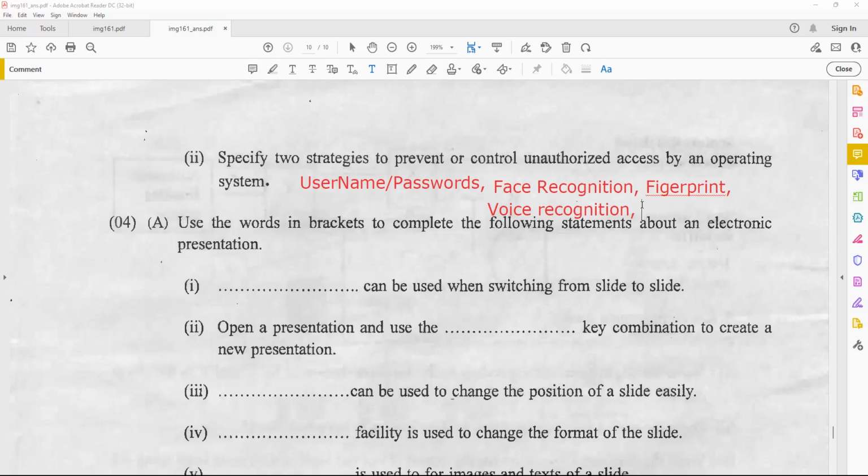The term encryption means nobody can read your data. So your files, you can password protect your files. It will encrypt your data. Nobody can read the data inside this. Encryption is another technology. And even you can use firewalls as well. If somebody wants to hack your system through the network, you can use firewalls. I think this is enough.